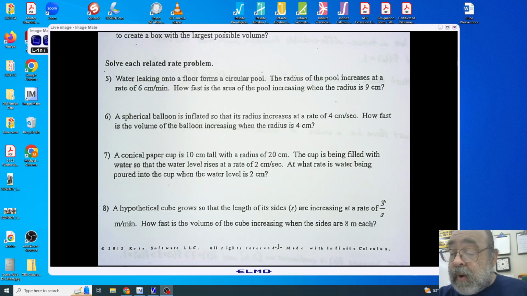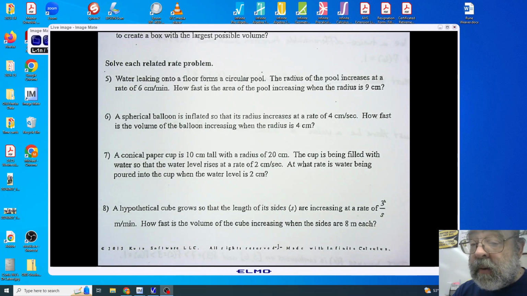A conical paper cup is 10 centimeters tall with a radius of 20 centimeters. And then we have a hypothetical cube that is growing so that the length of its sides are increasing at a given rate. So if you have not yet taken a screenshot, I recommend that you do so that I may take the piece of paper away and then I can work with you on this.